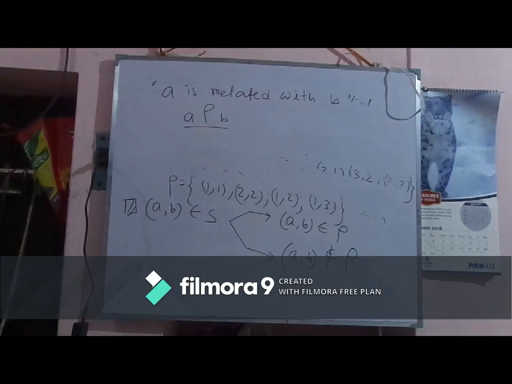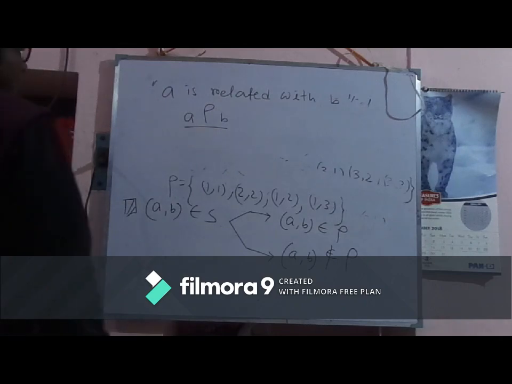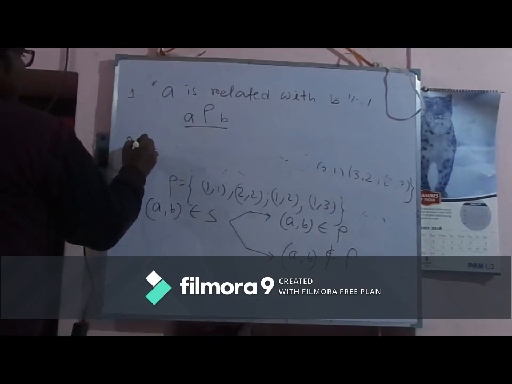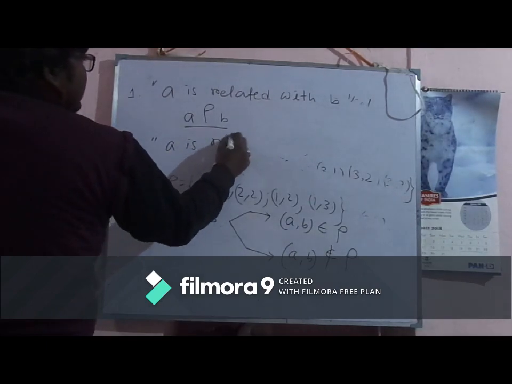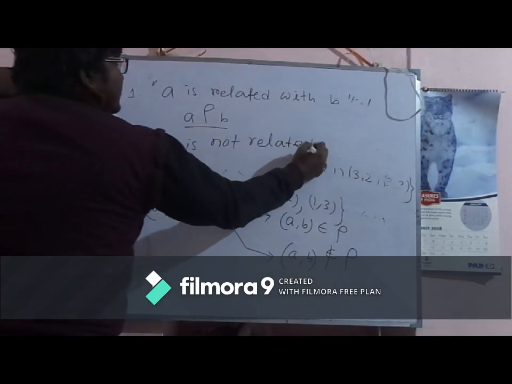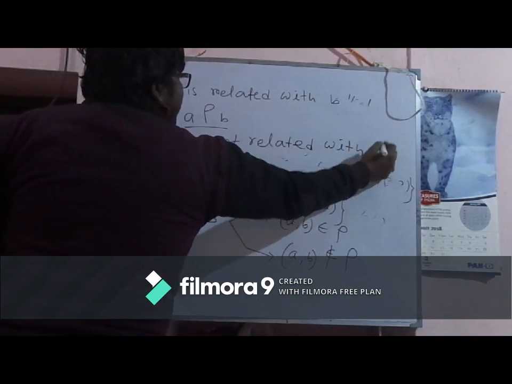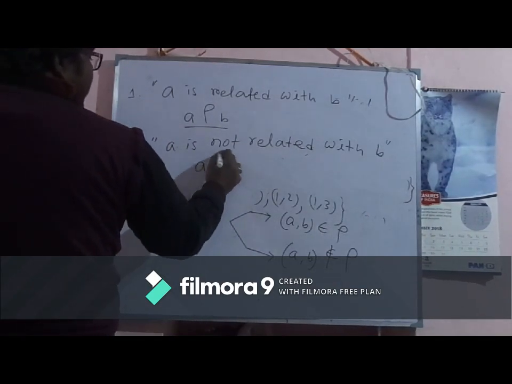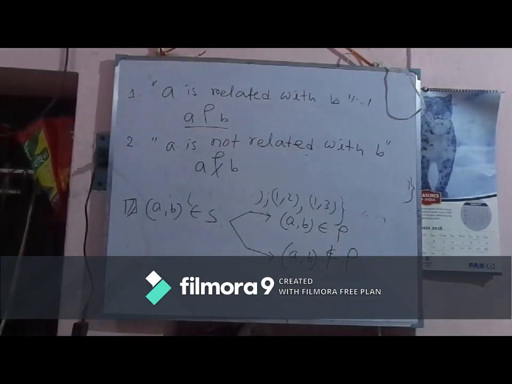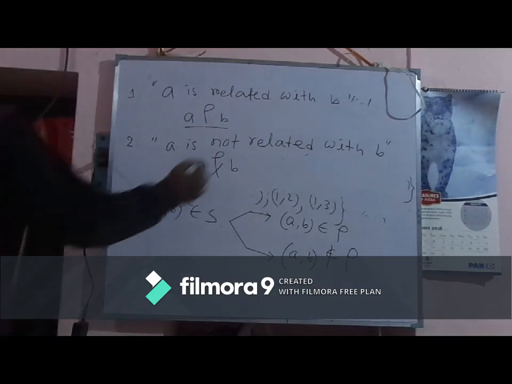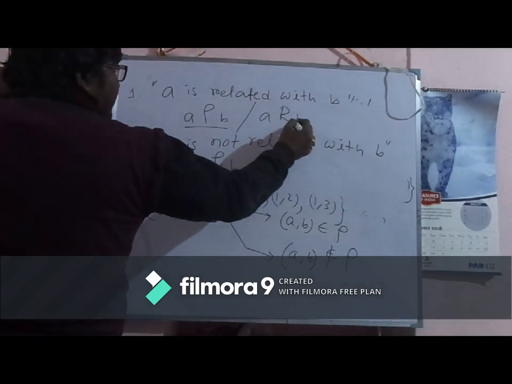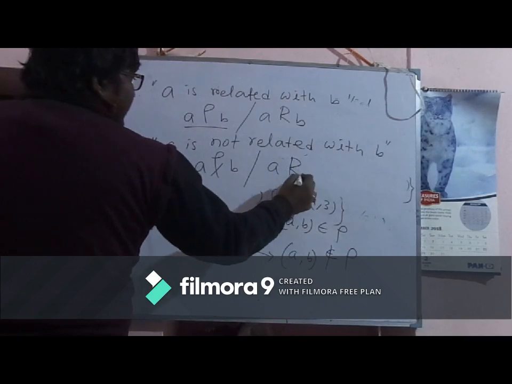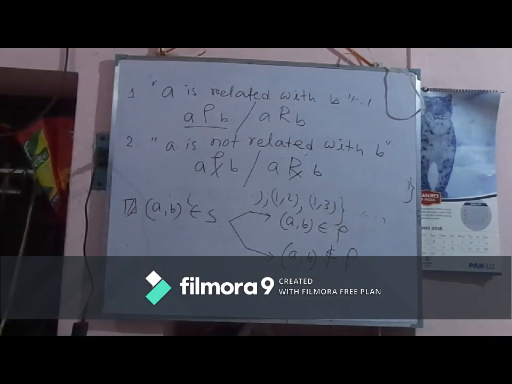If the ordered pair (a, b) does not belong to rho, then we say a is not related with b, and we write it symbolically. Or if the relation is R, capital R, in place of rho, then we write a R b, and in that case we write a not R b, a is not related with b.